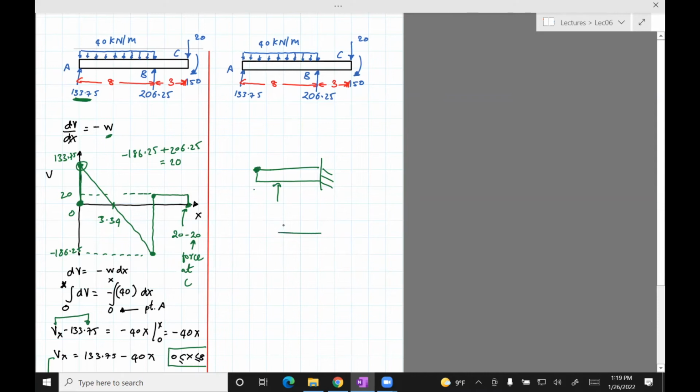In fact, the shear force diagram for this will be, assuming that you've drawn the free body diagram and you've got R, like this. This will also be P. So the shear force diagram will be 0, it will jump up, go there, come down. So the shear force here is 0.